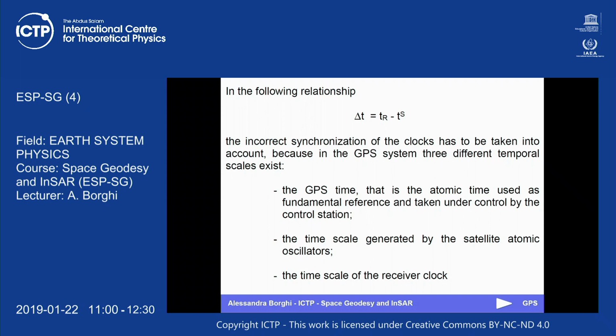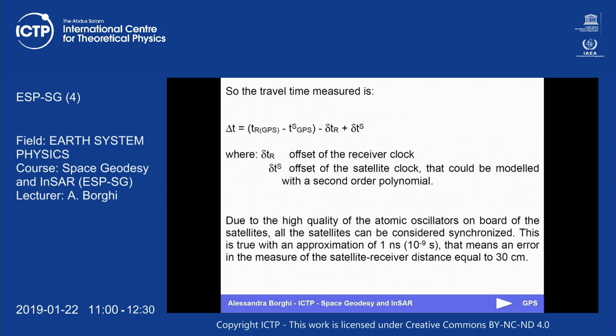But we also have to synchronize our receiver time with the satellite and master control station. So we have a problem of synchronization. We need to put some offset, some correction to the time. So we have the time of the receiver, the time of the satellite, and the correction between the time of the receiver and the time of the satellite.